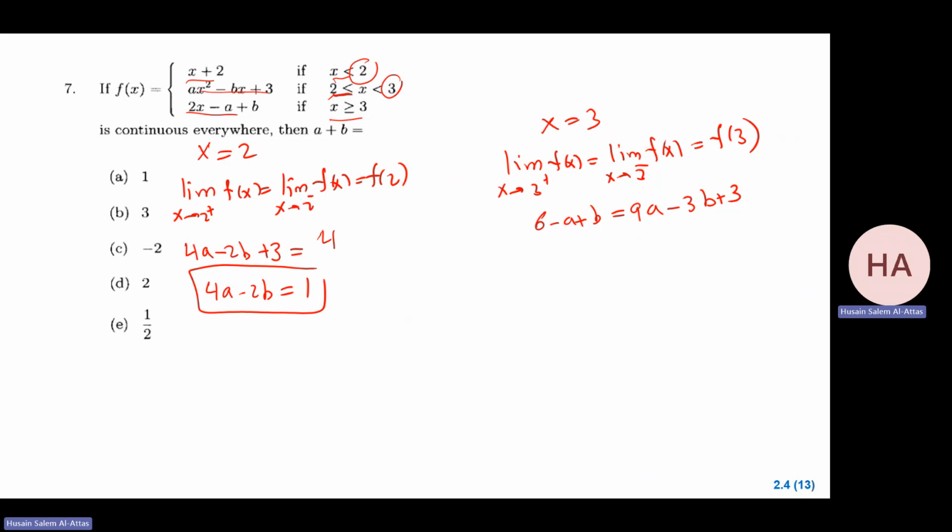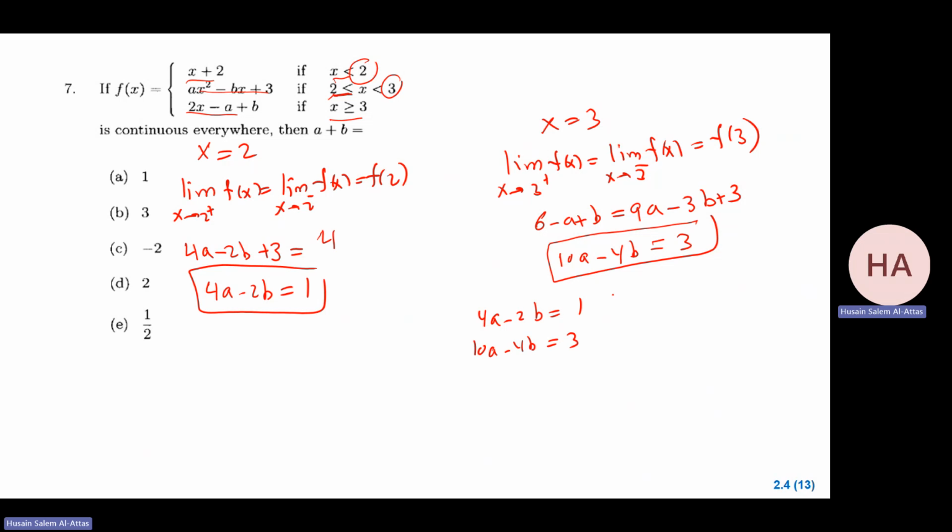Yeah, let us arrange it. I have 10a minus 4b minus 3 equals 3. Okay. So I have these two equations. I need to solve them. I have 4a minus 2b equals 1 and 10a minus 4b equals 3.